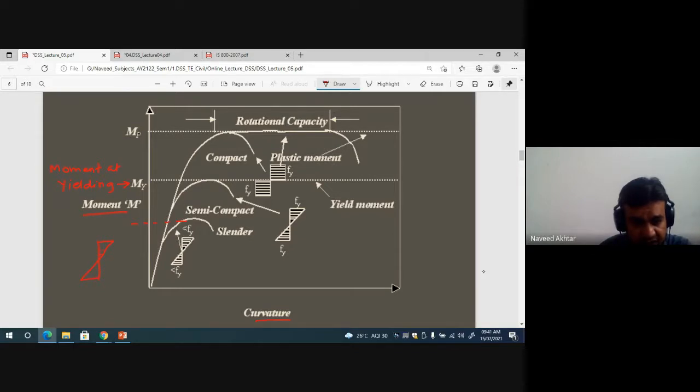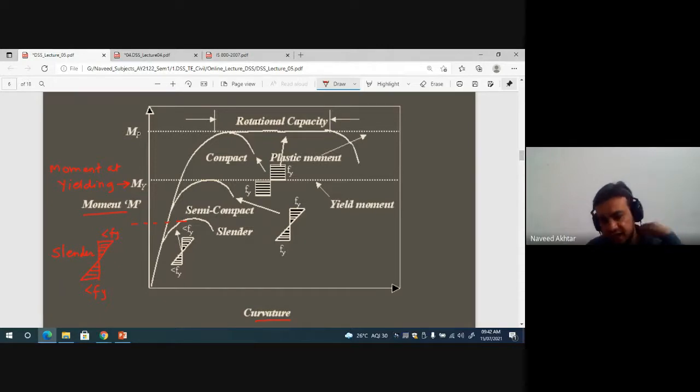This is the stress diagram, and the section will fail before reaching yielding, so that's why it is written as less than Fy. These types of sections are called slender sections.